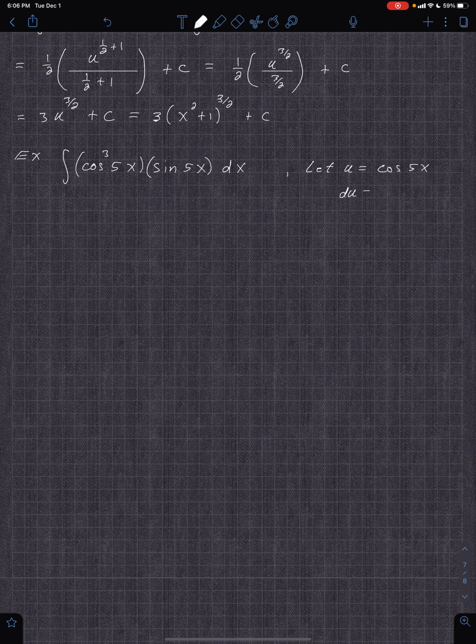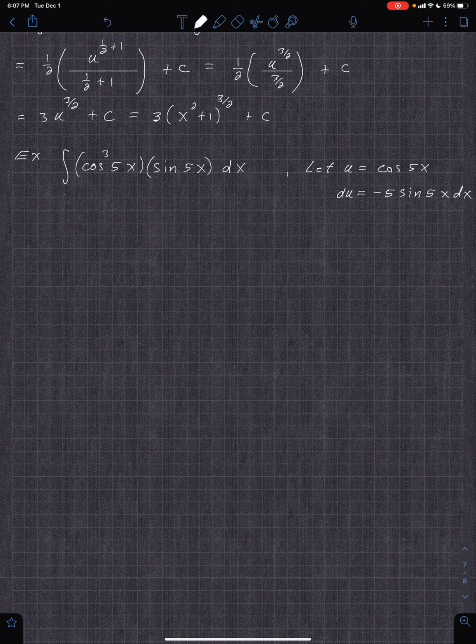So your du is going to be 5 sine of 5x, because you have to do the chain rule on that. Negative, sorry. The derivative of cosine is negative, so you've got a negative in there. So du is negative 5 sine of 5x dx.